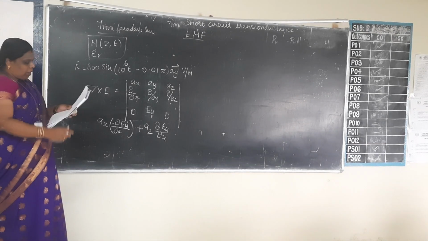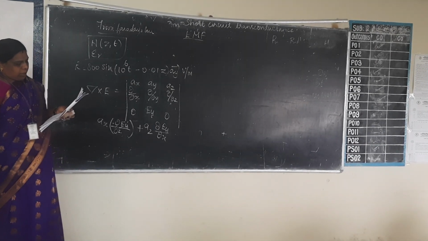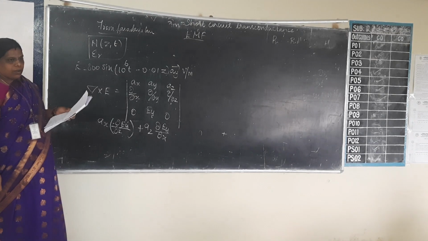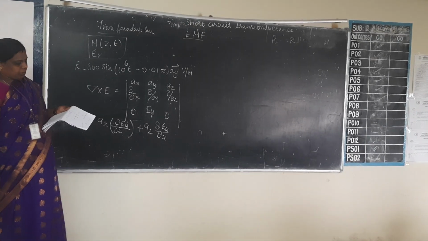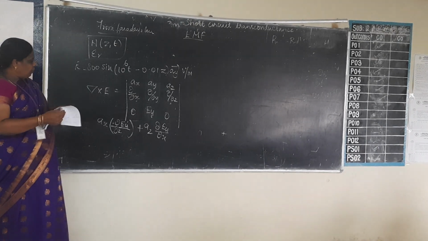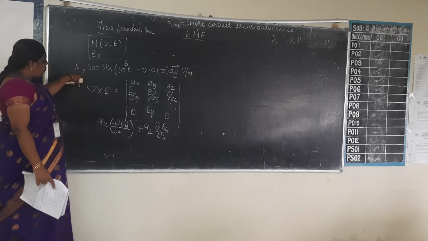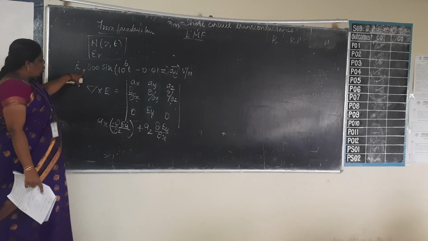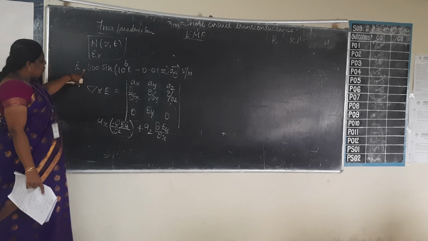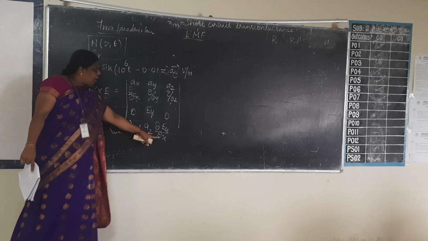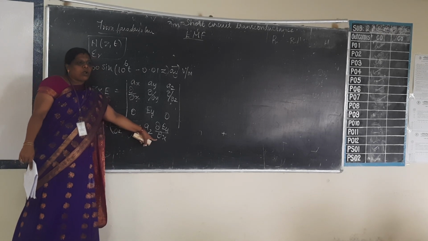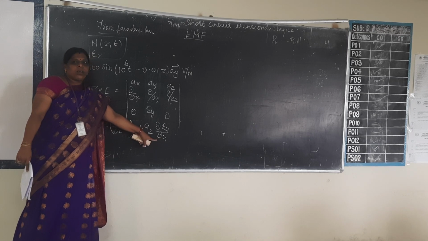So let us find out what will be the answer. Simplify it. We have to differentiate with respect to z. This term will automatically become 0 now. This term has y, no z term.